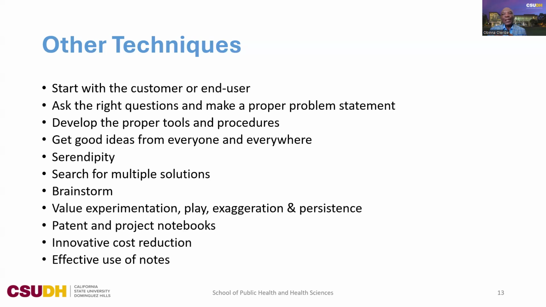Then you must develop the right tools and procedures by equipping yourself with appropriate methods, techniques, and frameworks to analyze and solve that problem efficiently. Then you must gather ideas from everybody and everywhere, encouraging contribution from diverse sources, colleagues, stakeholders, competitors, and even unrelated fields. Fresh perspectives often spark innovation and innovative solutions.